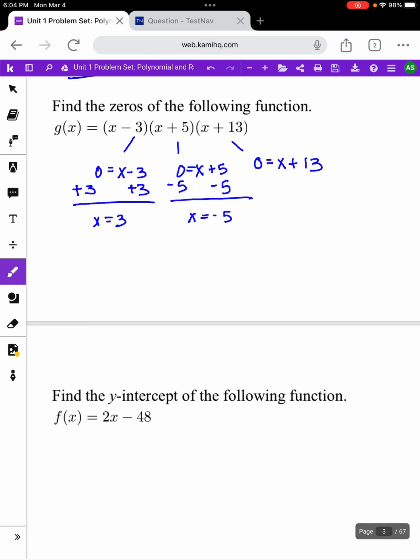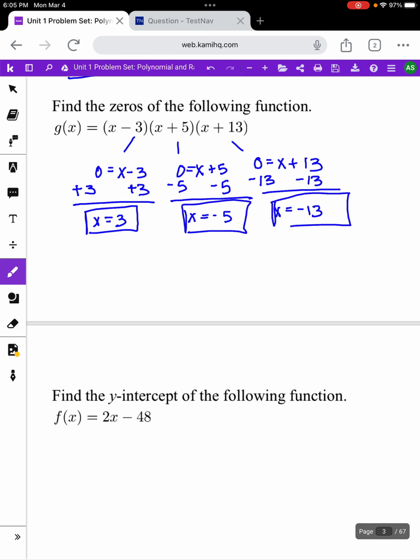X equals -5. Minus 13. X equals -13. So those are our 3 zeros, and I can write them as one statement by writing x equals -13, -5, and 3. Most people don't care what order you write them in, but I like them like that.